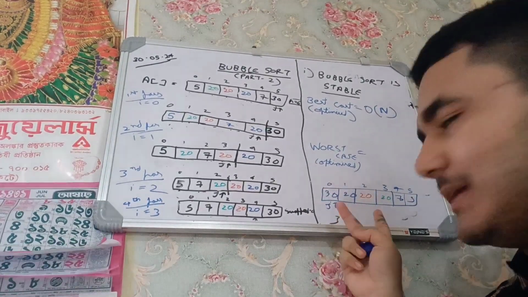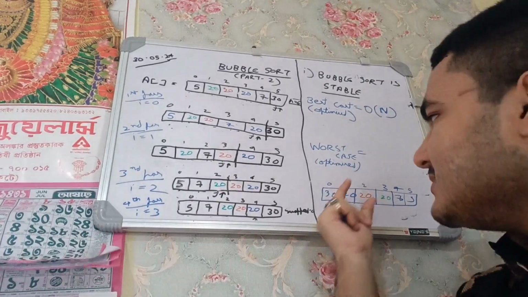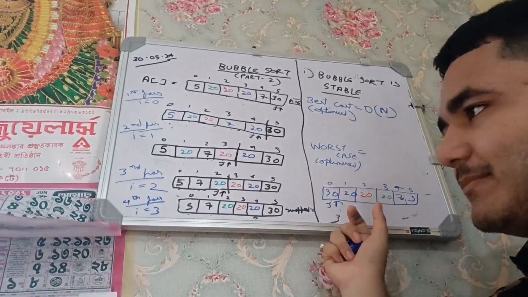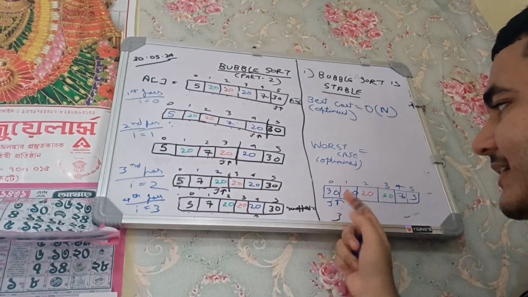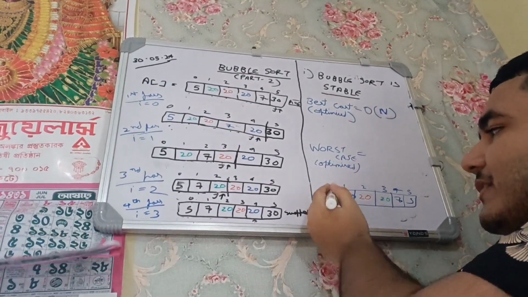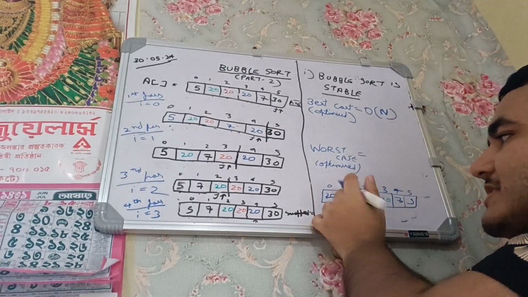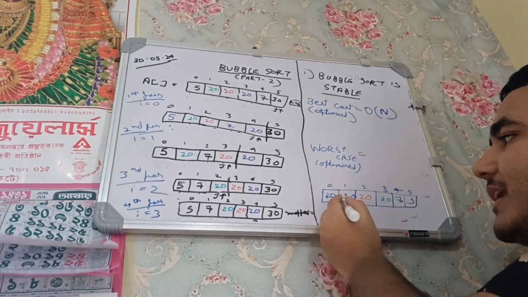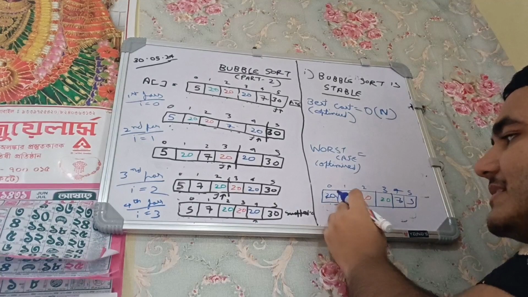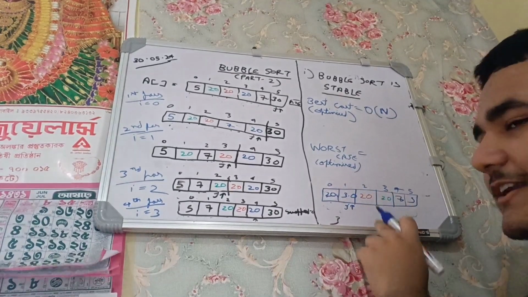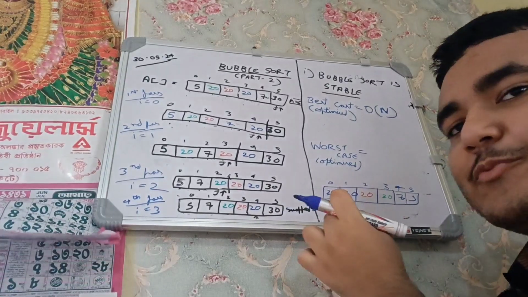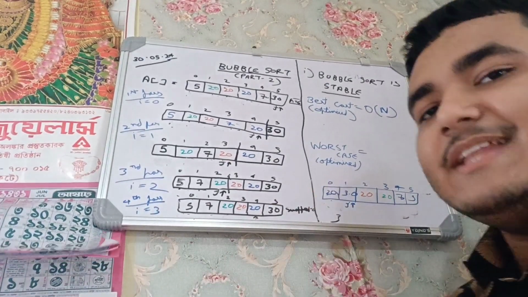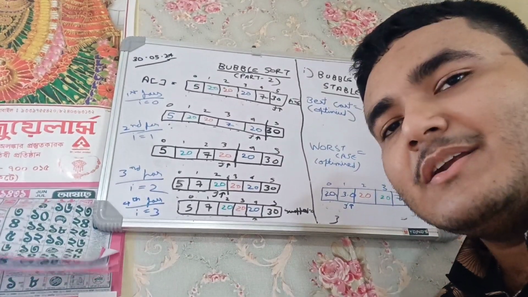So 20 will come before 30, and 30 comes here. Again J has to make this comparison. Is 30 greater than 20? Is 30 placed at its correct position? No, again we have to make a swap. So the J loop has to continuously run, right?